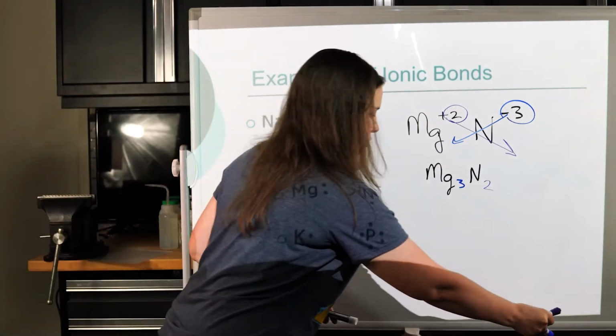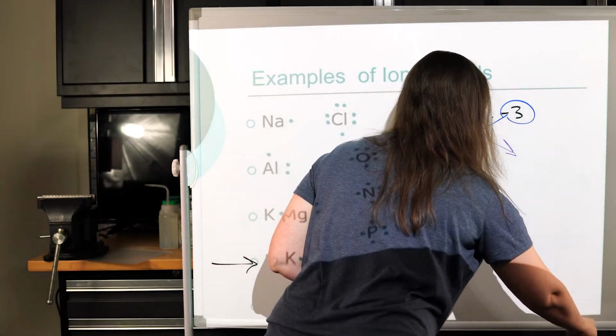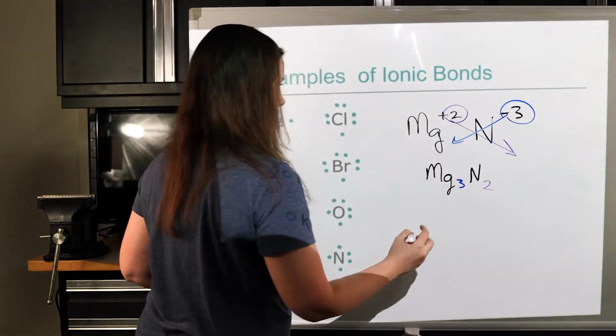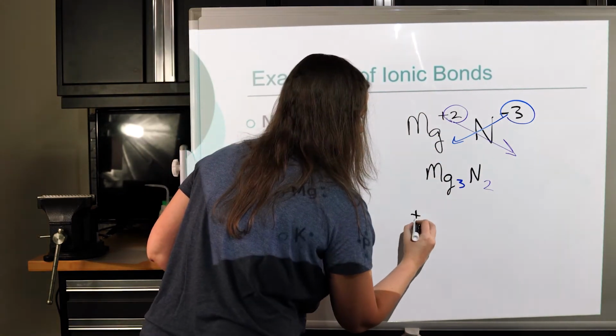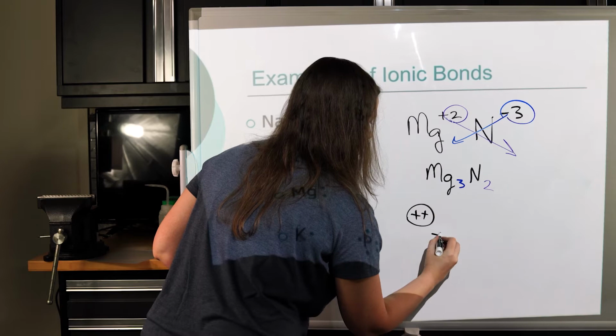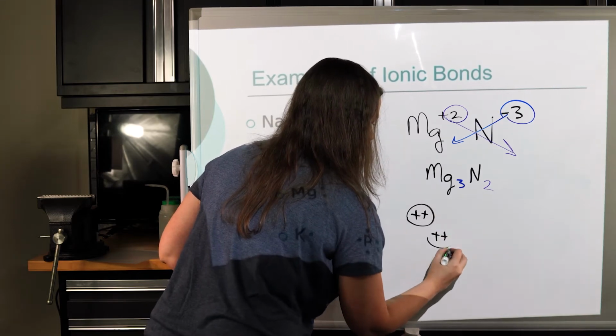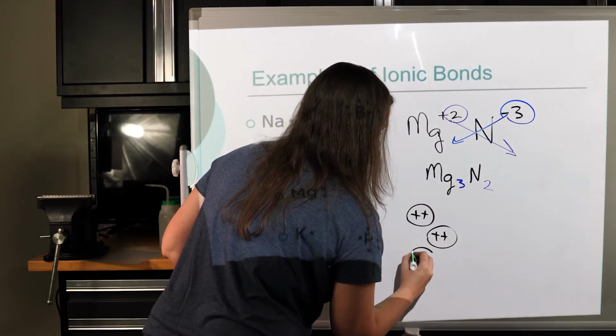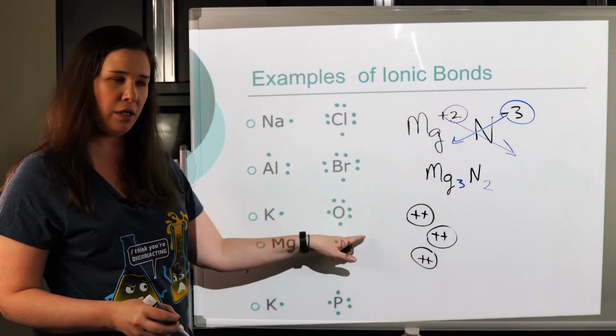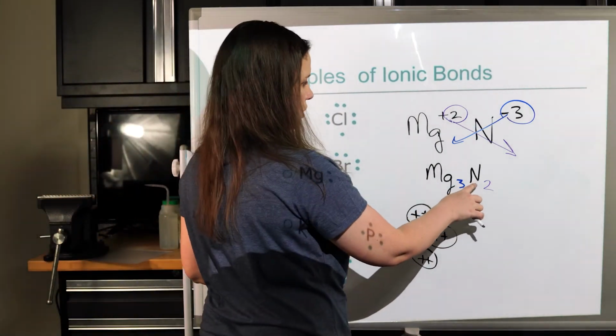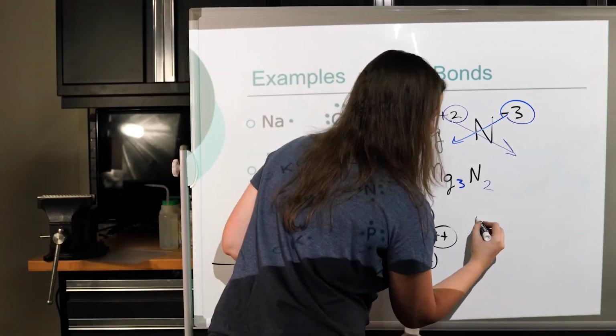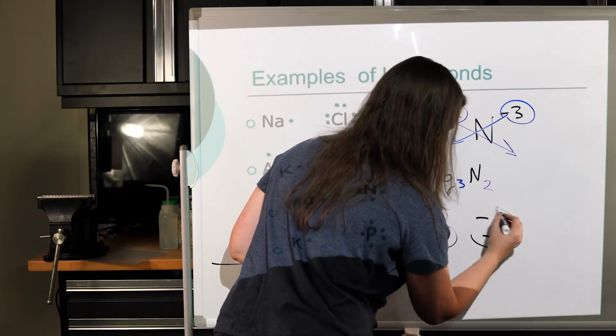Let's draw this out so you can see it's the same. Magnesium comes as a set of +2s, right? So by the crisscross method, it tells me I need 3. That gives me a total of 6 positive charges. But then with the nitrogen, it came as a set of -3s, 3 negatives.